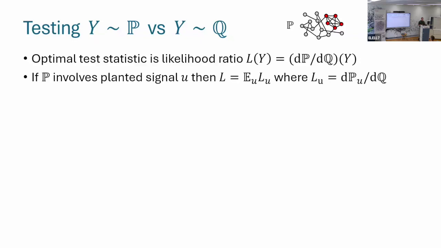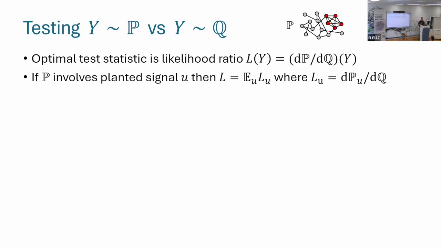And the situation that we will care about is one where you have some kind of planted signal, which I'll denote as U. So you can think in the clique case, U would be maybe the indicator vector for which vertices are the clique vertices. So it would just be a vector of zeros and ones.